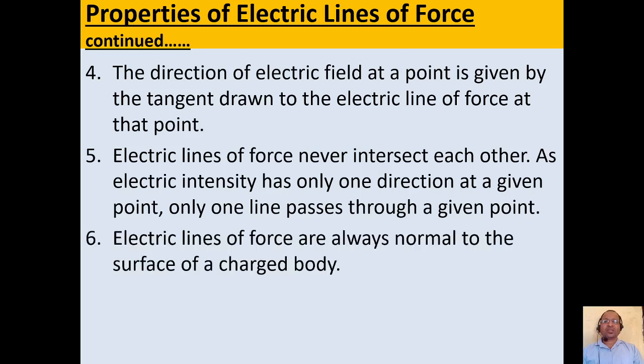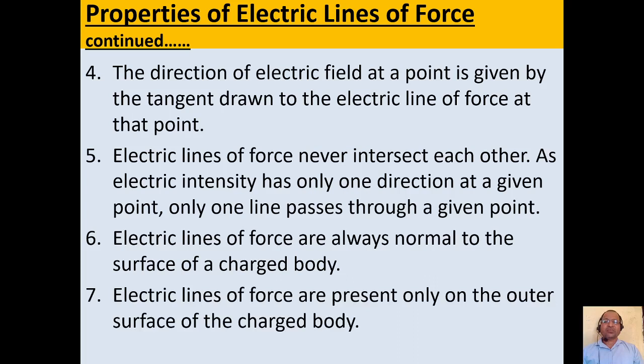Electric lines of force are always normal to the surface of a charged body. That is, electric lines of force enter or leave the charged body normally, that is, at an angle of 90 degrees. Electric lines of force are present only on the outer surface of a charged body. Inside a charged body, electric lines of force are absent.